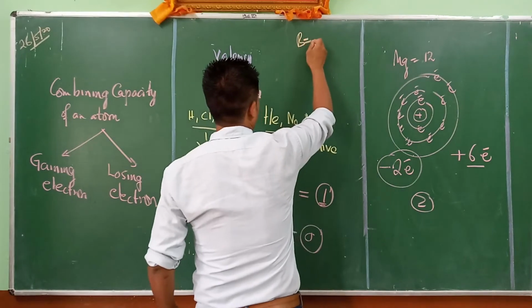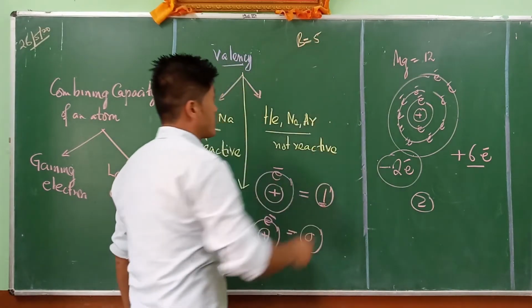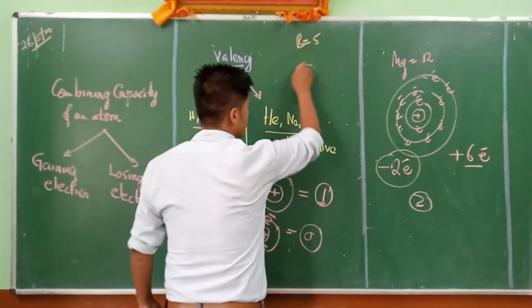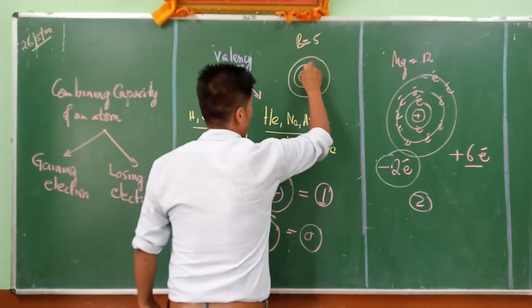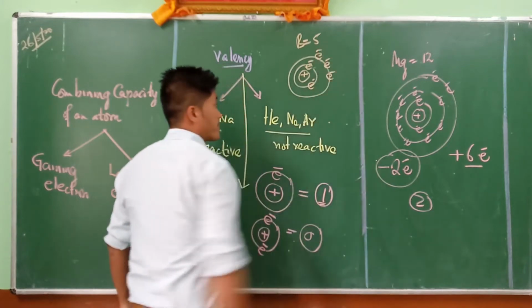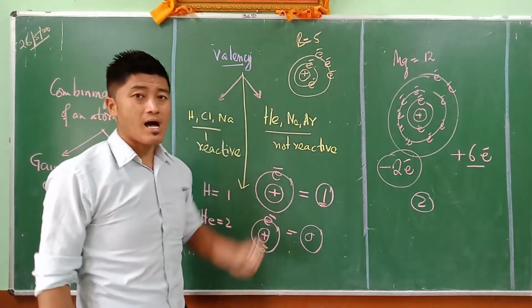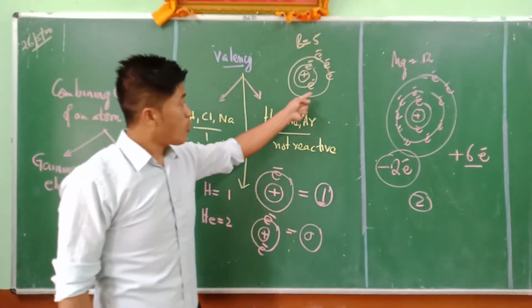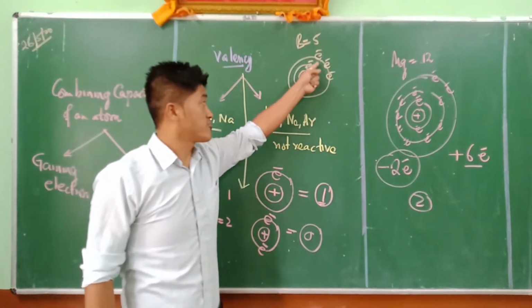Now let us take the example of boron. Boron, atomic number 5. Okay? So in the case of boron, 1, 2, 3, 4 and 5. Now in the second shell, there is a space for 8 electrons. But how many electrons can you see here? 3.